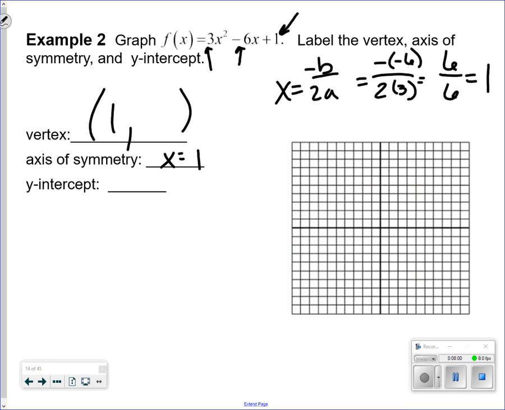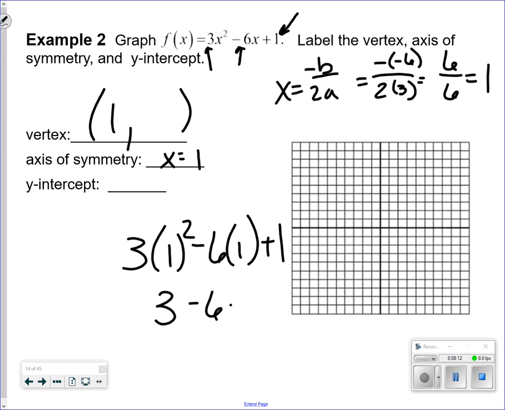Now, plug 1 in for x to find the vertex. Square before you multiply, order of operations, so 1 squared times 3, I get negative 2. Remember what I said before, if I know the vertex, I can go 1a, 4a.